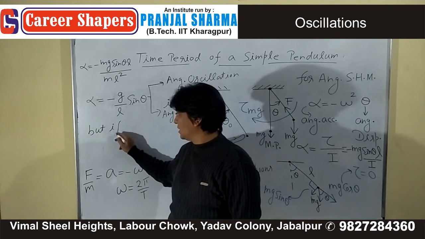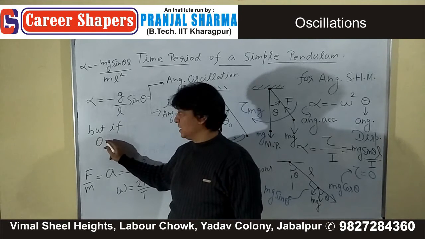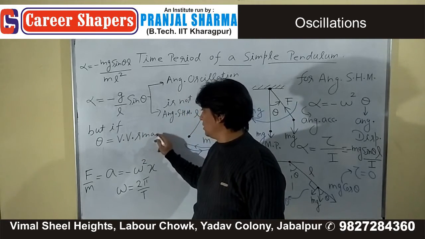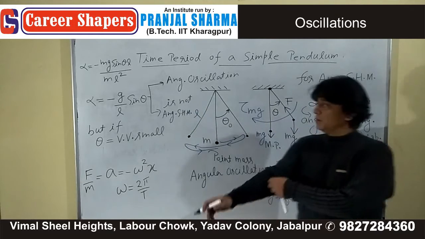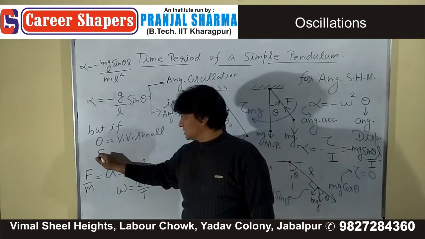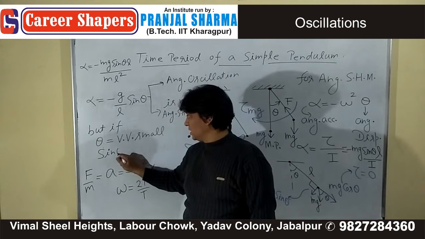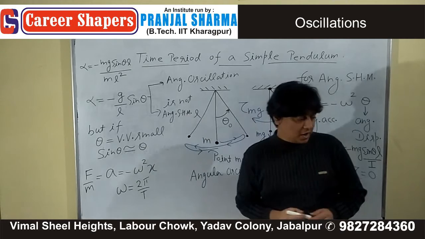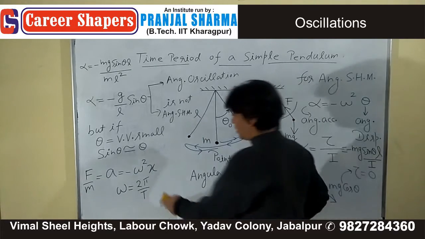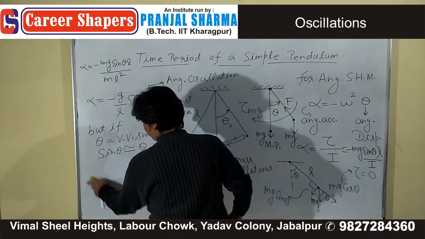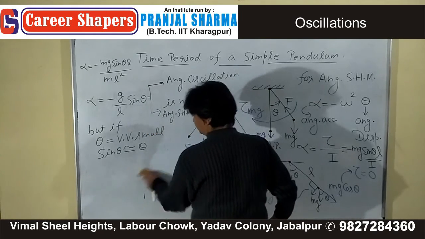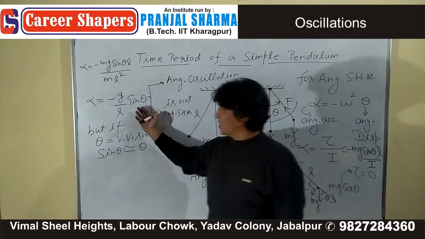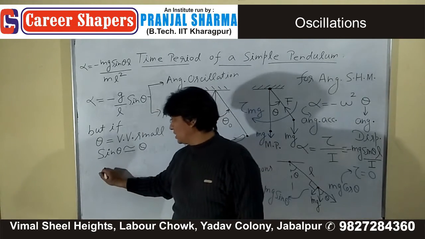But if theta is very, very small, you know that sine theta can then be approximated with what? Theta. And once you say that for small angles sine theta can be approximated with theta, let's put this over here and you get what?